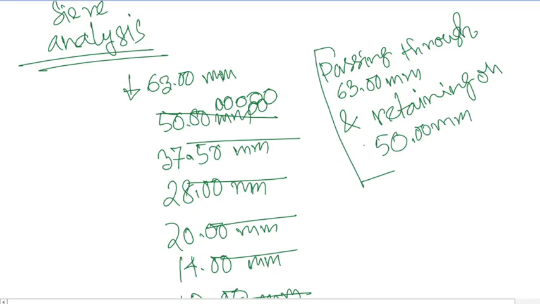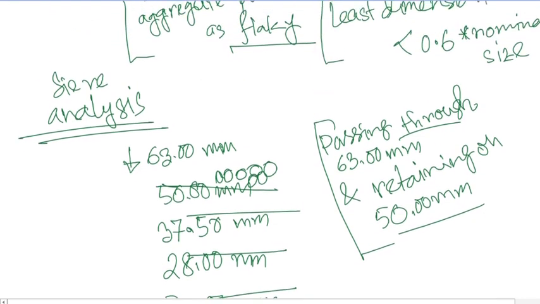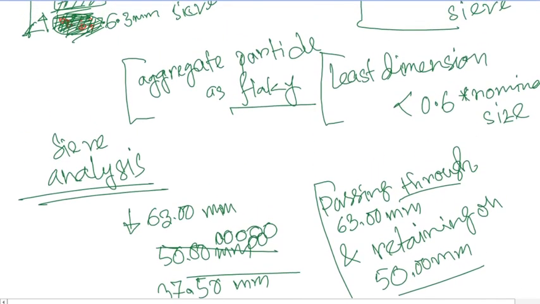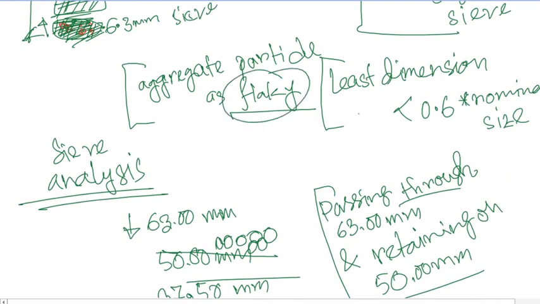These aggregate particles will be taken for the verification of flakiness using the thickness gauge, and the particle size is between 63 millimeter and 50 millimeter. That's why the nominal size is the average of these two sieve sizes.